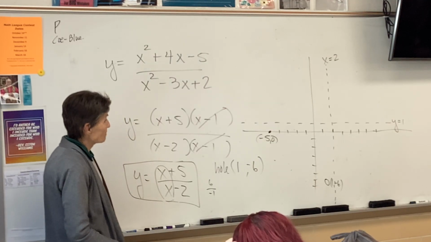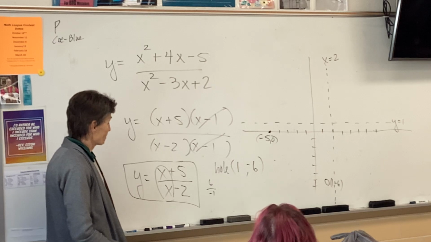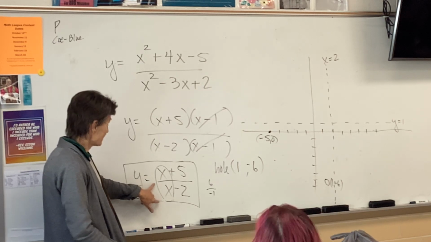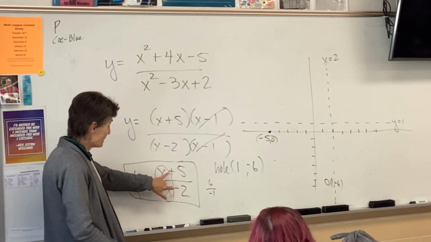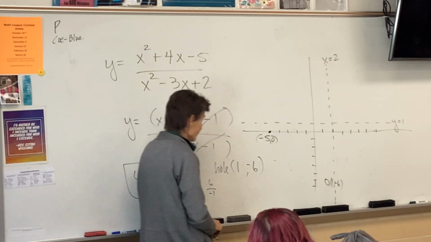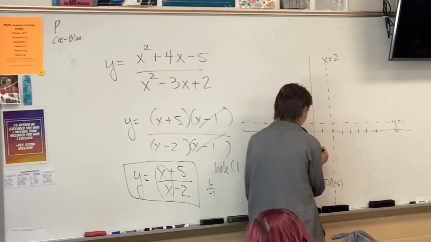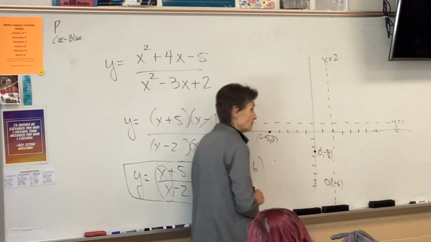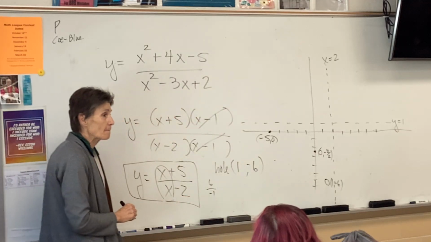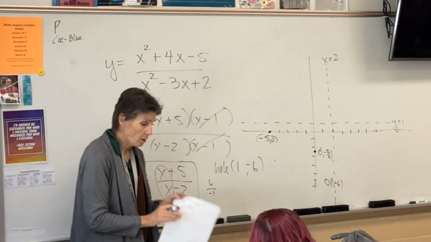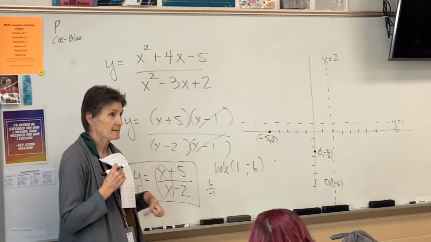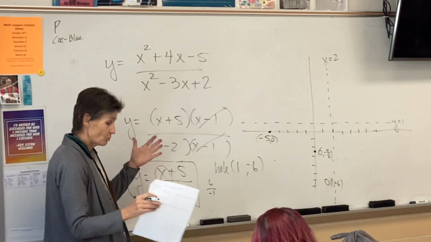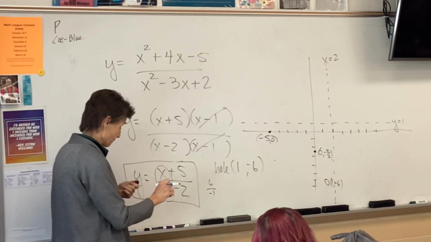I'm almost done. What's my y-intercept? You have to plug in 0 for the x's. If you plug in zeros, it looks like we get -5/2, -2.5. So all of your little blanks now should be filled in. That means it's time to connect it to the picture.